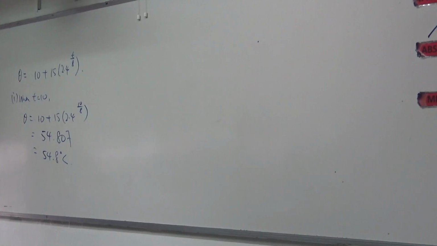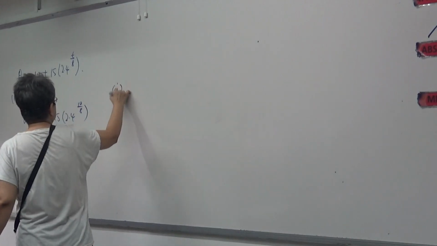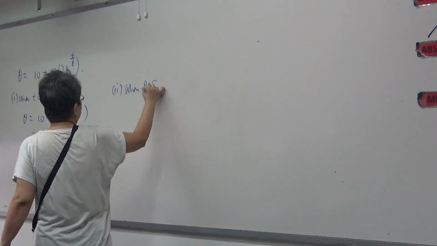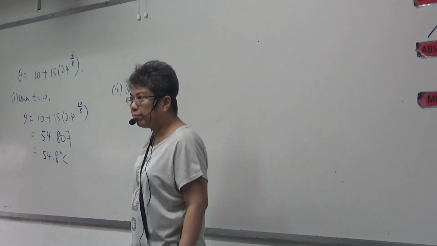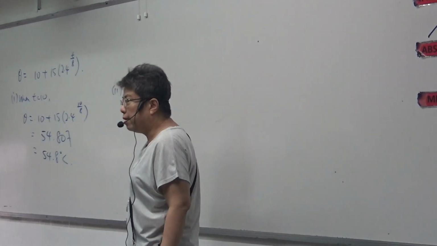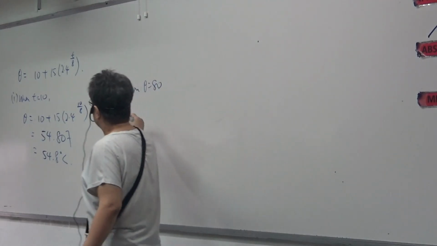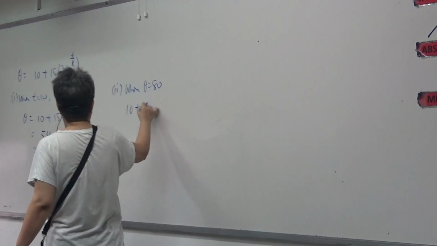How long does it take for its temperature to reach 80 degrees Celsius? Now, when you reach 80 degrees Celsius, means when theta is 80, right? You agree with what I'm saying here? That means I can write it the other way around.